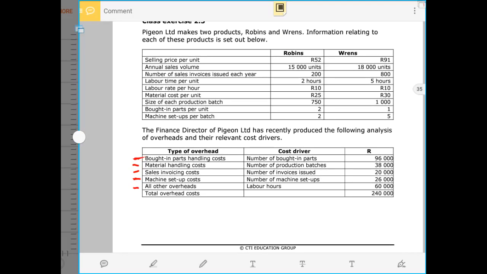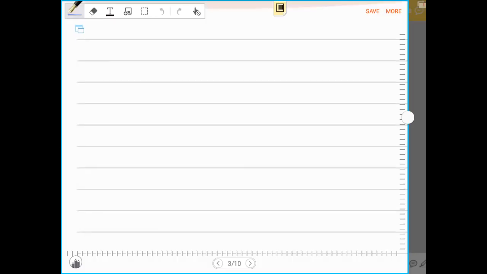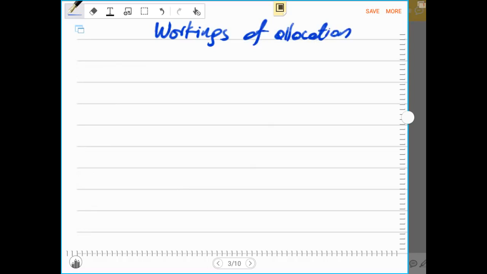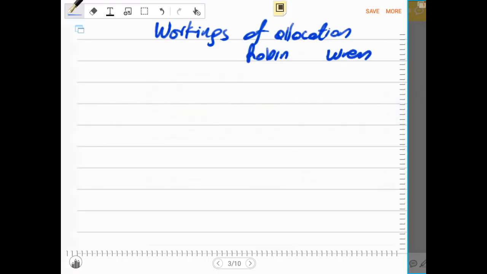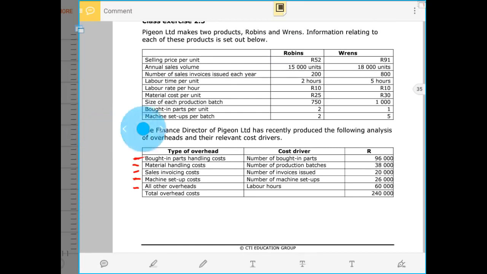So let us do a table for the workings of allocation, where I do my calculations to allocate to these two products.